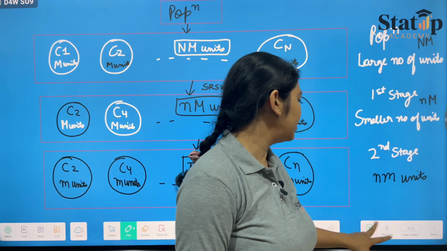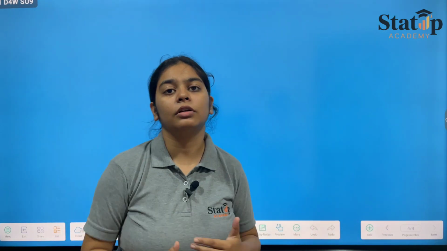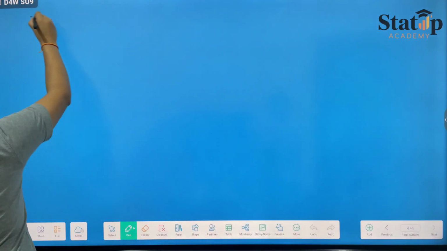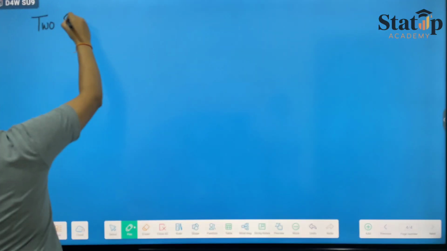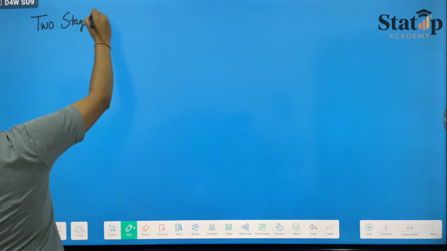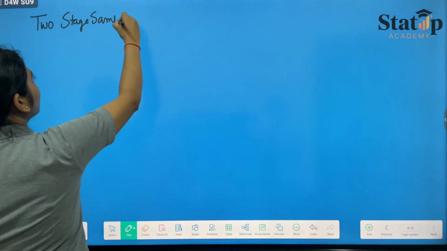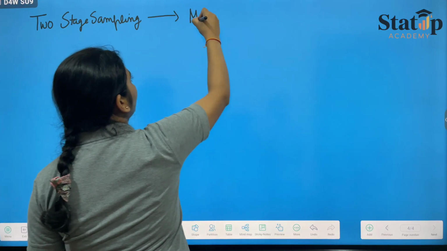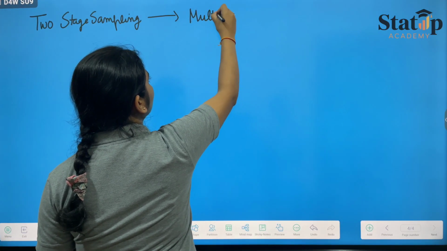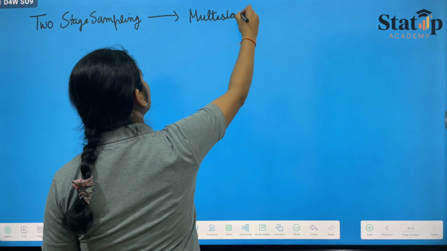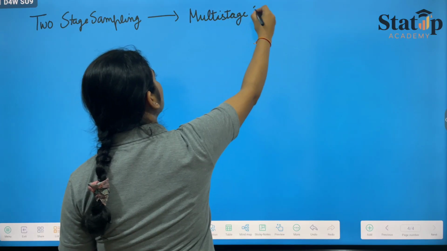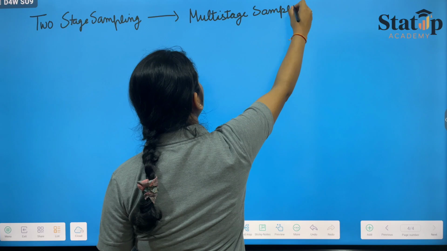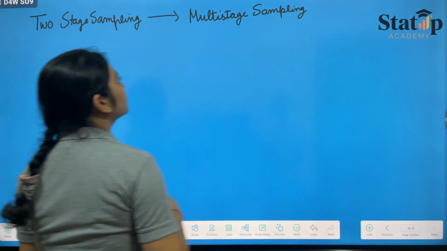Now two-stage sampling can be further extended to multi-stage sampling as well. Right?